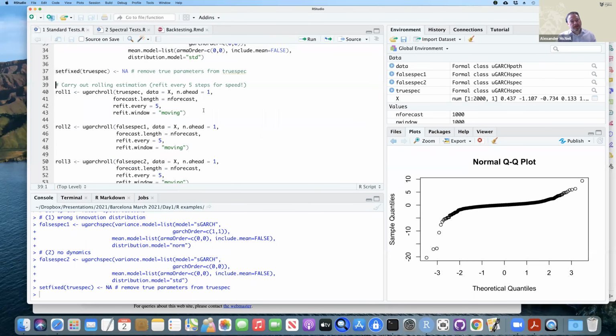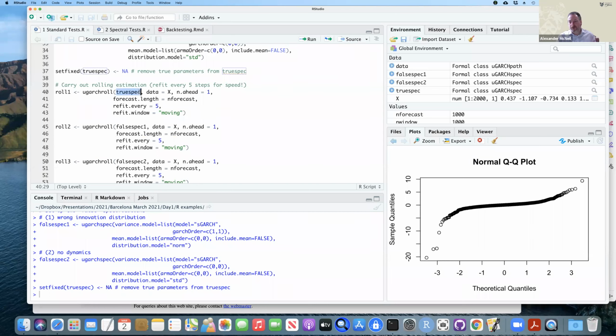So each group does a forecast. Group 1 is going to do a forecast with the wrong model. Group 2 is going to do a forecast with a different wrong model. And group 3 is going to do a forecast with the right model, but they still have to estimate everything. And so that's why you see that this uses the, sorry, I got it the wrong way around.